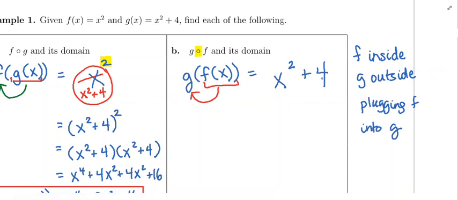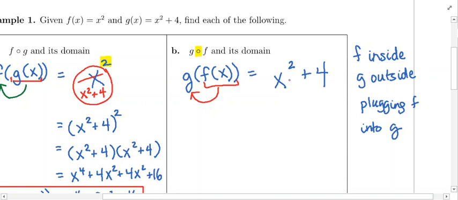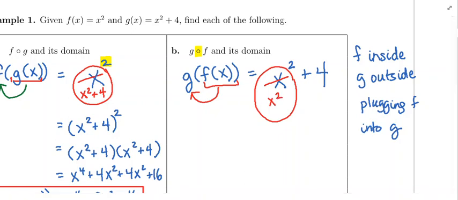Everywhere you see an x, you need to replace it with f of x. So everywhere we see an x, I'm going to circle it. Not the squared part, just the x. Everywhere you see an x, we're going to replace it with f of x. F of x is x squared. So we did it, so let's simplify.